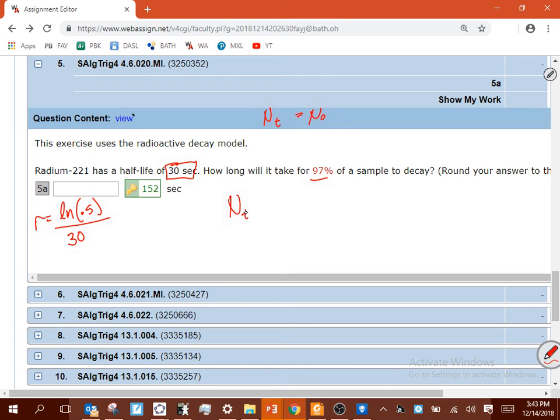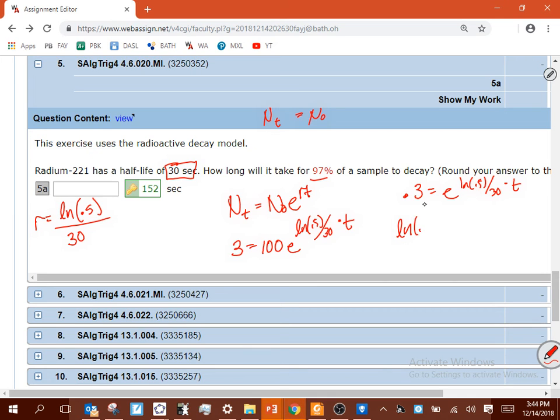So I've got N of t equals N sub 0 e to the rt. We're looking for 3 to be, now this is 100, e to the ln of 0.5 over 30 times t. When I divide by 100, that gives me 0.3 is equal to e to the ln of a half divided by 30 times t.